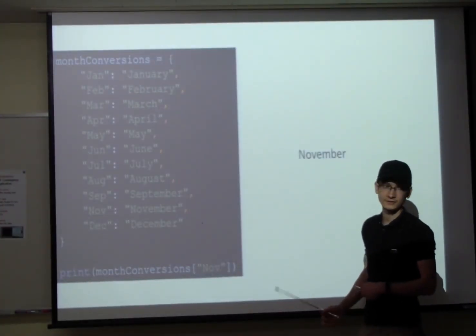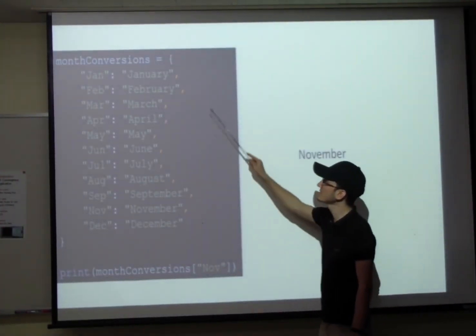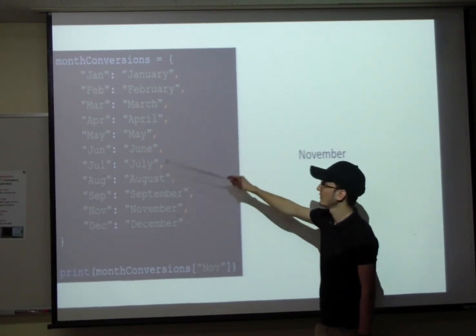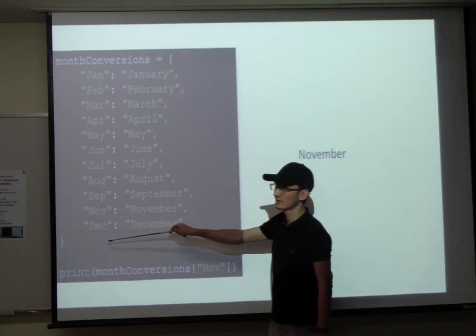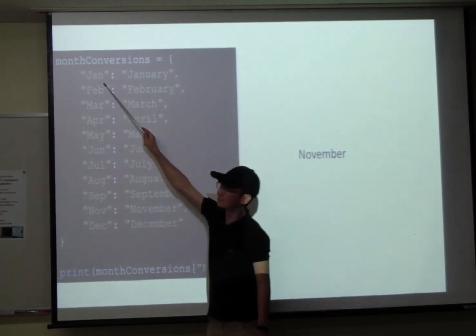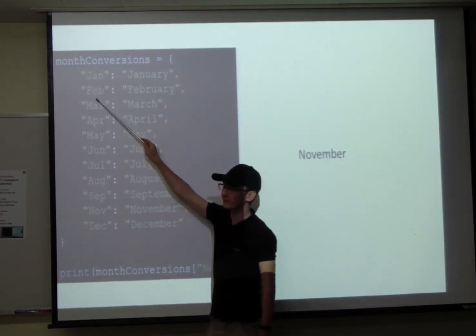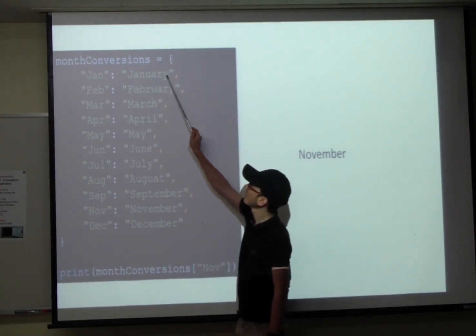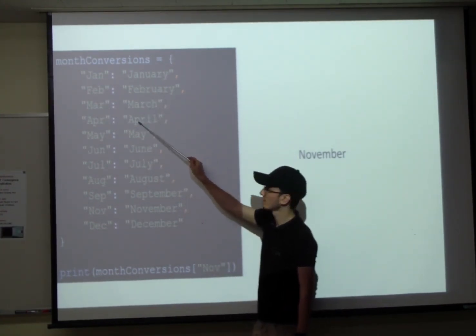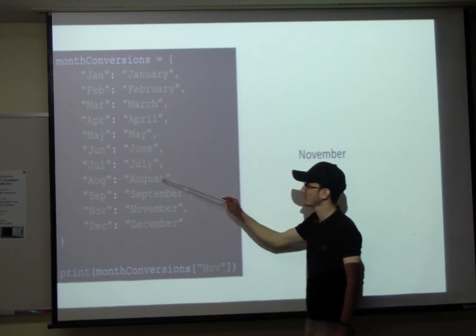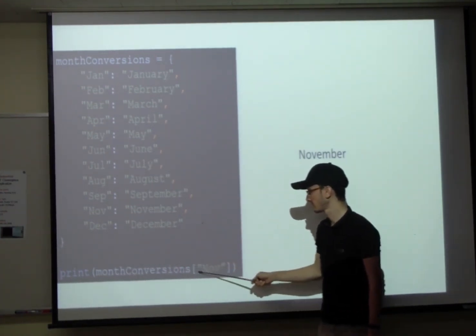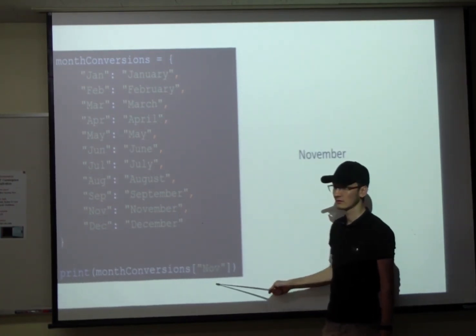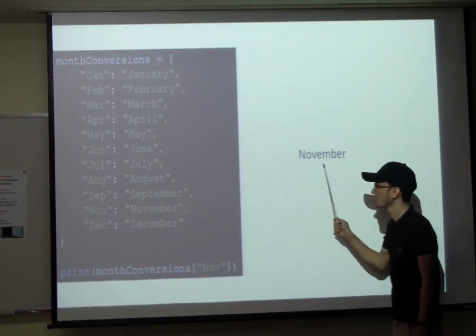Now look, it's interesting. This is a dictionary, and we have months from January to December. These are shortened forms, Jan, Feb, and here we have the values in the full form. And we are printing, we will have November.